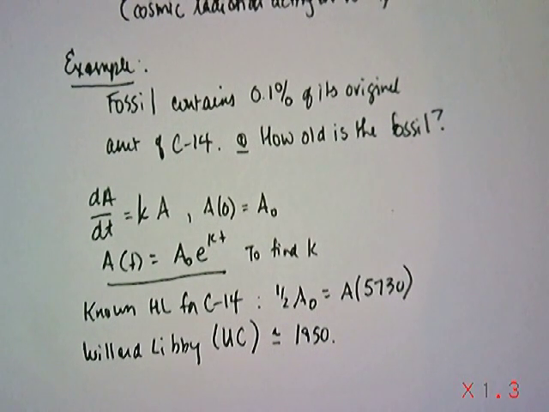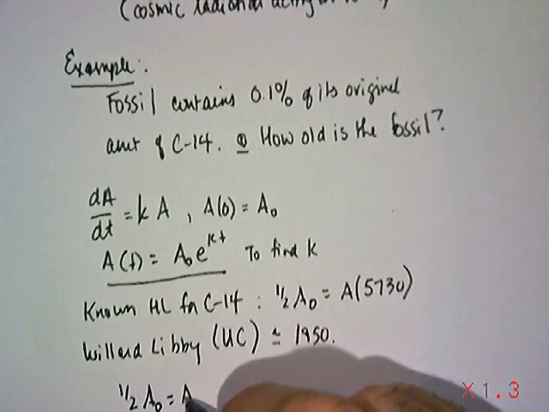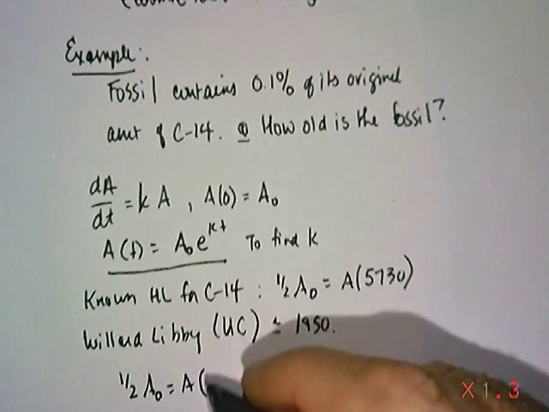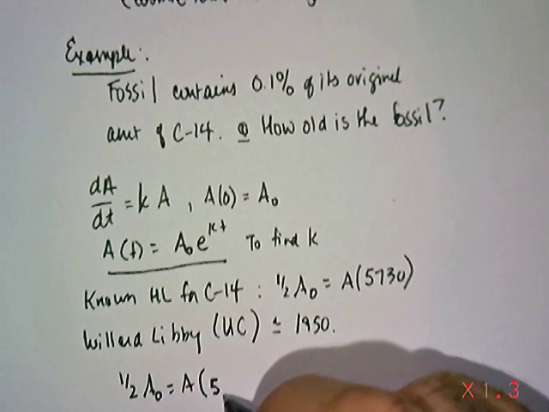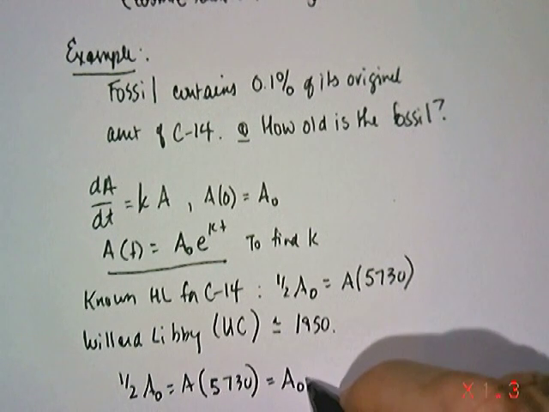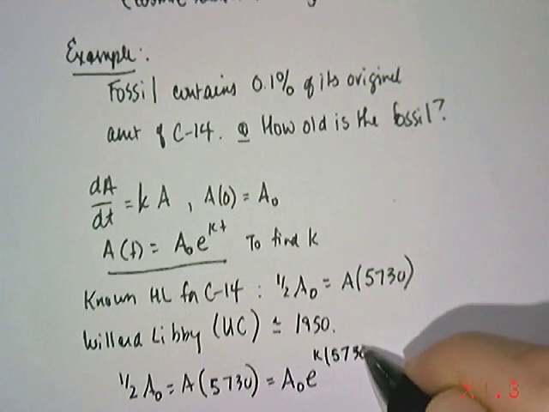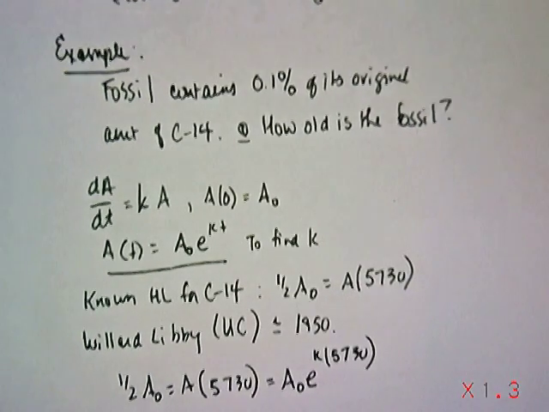They were able to come up with the half-life of carbon-14. So using that information, you would know that 1/2 A0 would have to be the amount of carbon-14 after 5,730 years. Set that equal to our model equation, A0 e to the k, evaluated at time 5,730, and then solve for k.